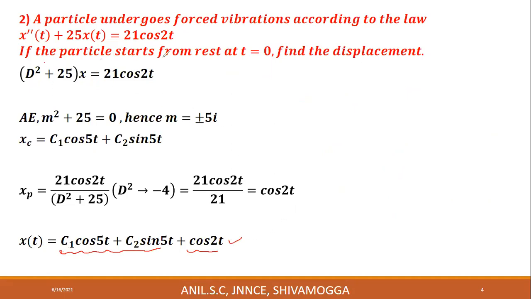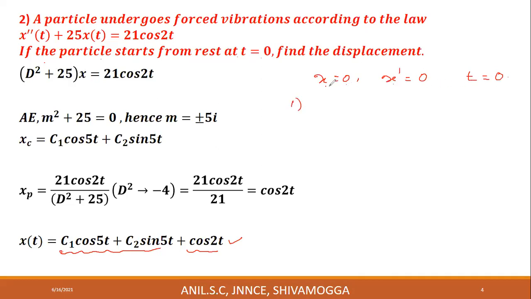If the particle starts from rest at t is equal to 0, at rest means displacement will be 0 and its derivative is also equal to 0. That is, x of t is equal to 0 and x dash of t is equal to 0 when time t is equal to 0. These are the two conditions.